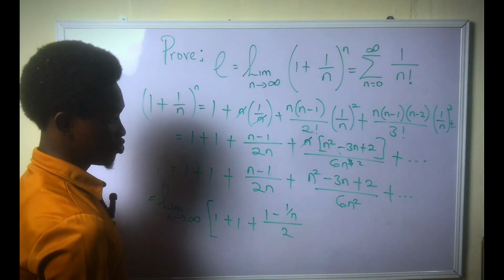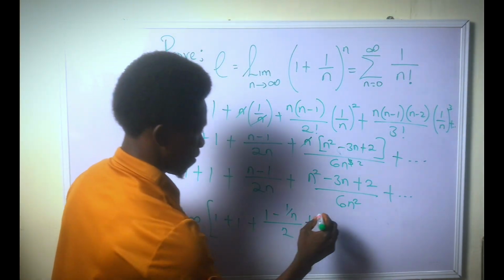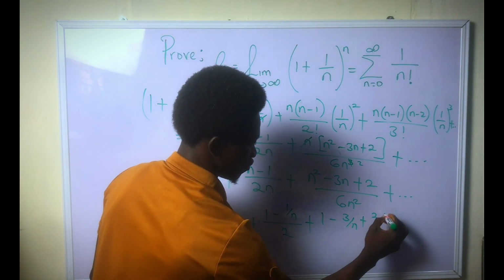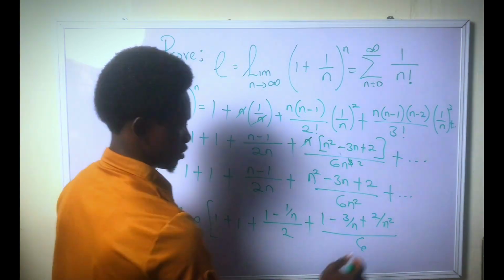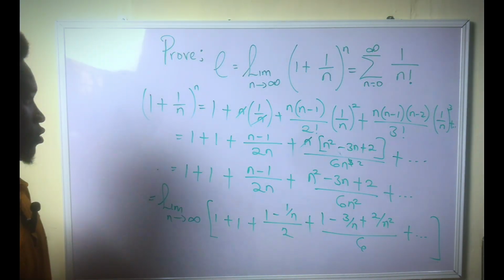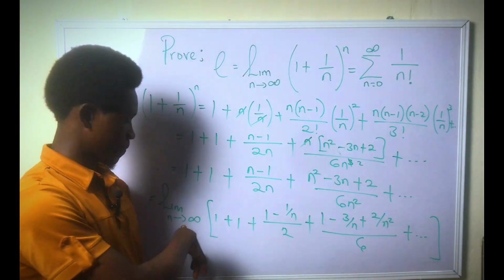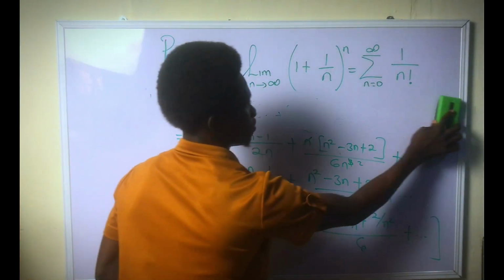Then what else I'm going to do is divide this by n squared. So that would be 1 minus 3 over n plus 2 over n squared, then over 6, right? Plus on and on.